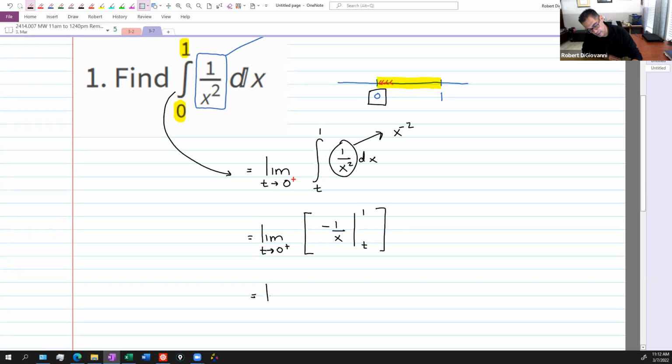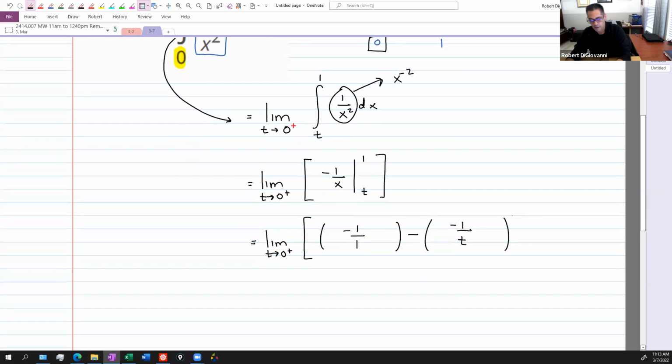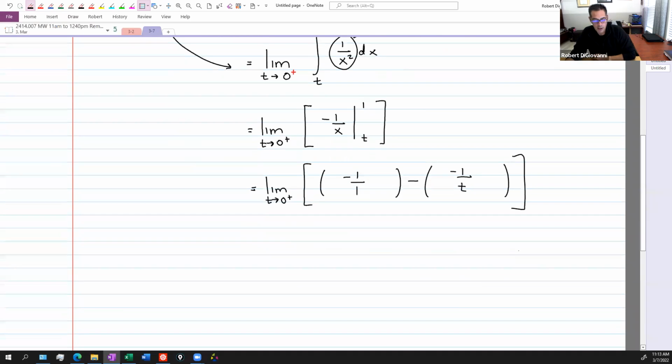This becomes the limit as t approaches 0 from the right. And now I have to first plug in the 1 and subtract what I get when I plug in t. So if I plug in 1, I get negative 1 over 1. If I plug in t, I get negative 1 over t. Now the first part of this is just a number, right?